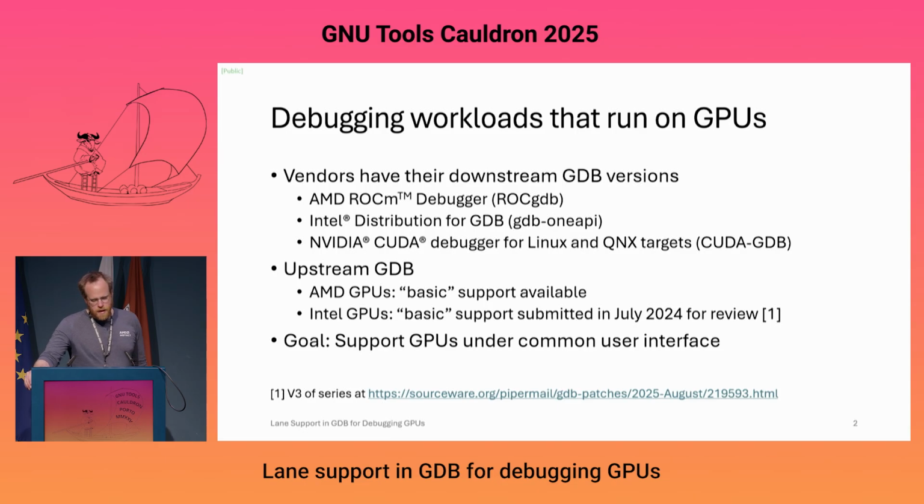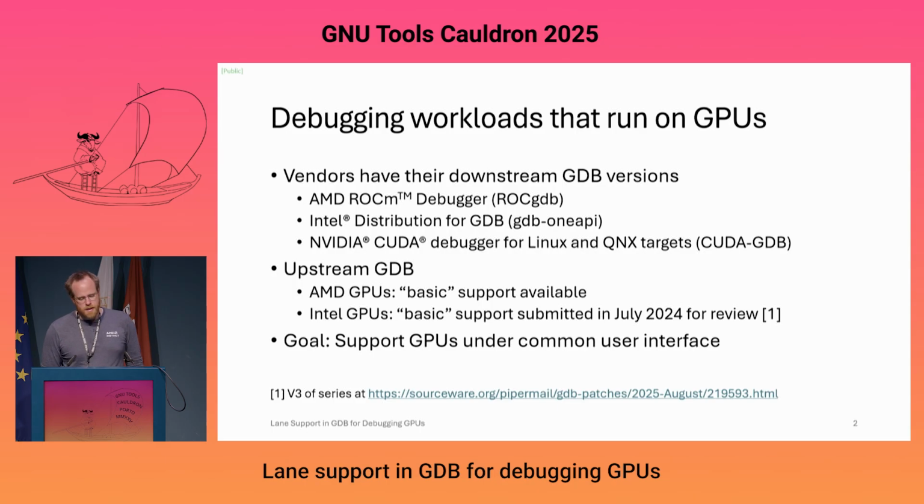Intel has also started to upstream some of their work. It's still under review on the mailing list, so it's also a call for the maintainers to continue the discussion on that series, so that it can land and we can have support for 2 families of GPU in upstream GDB.